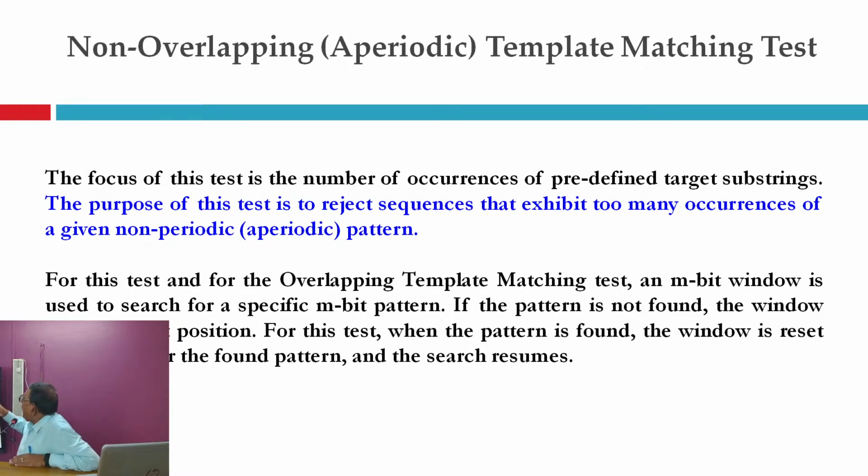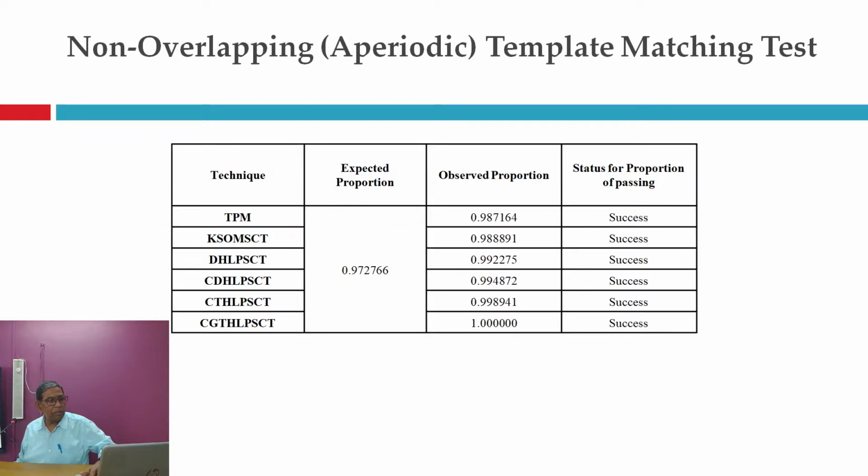Then non-overlapping template matching. It is another test. The purpose of the test is to reject sequences that exhibit too many occurrences of a given non-periodic pattern. Here all are successful, because all values are more than the expected proportion.